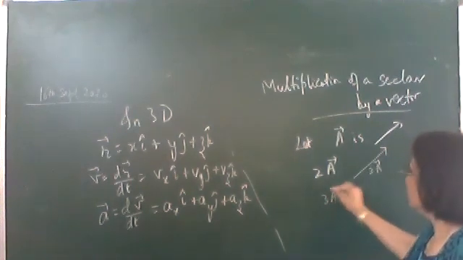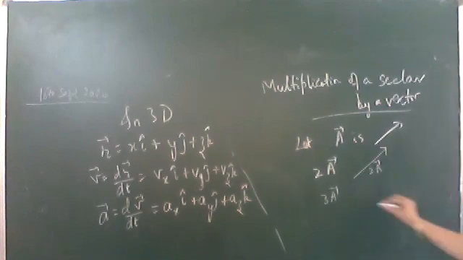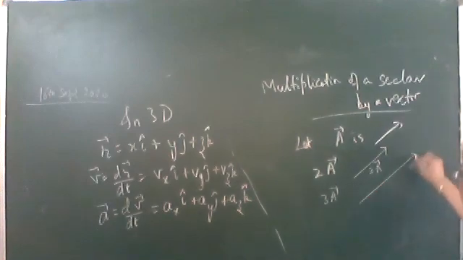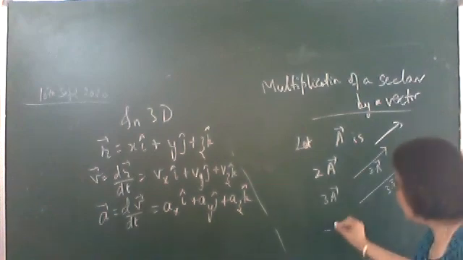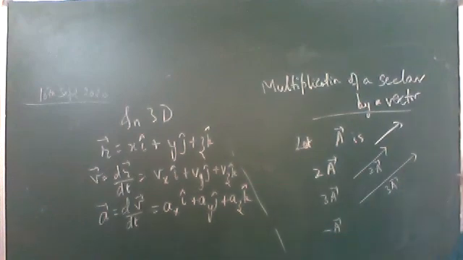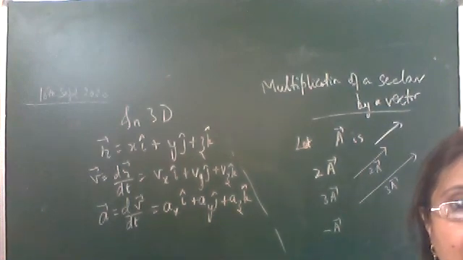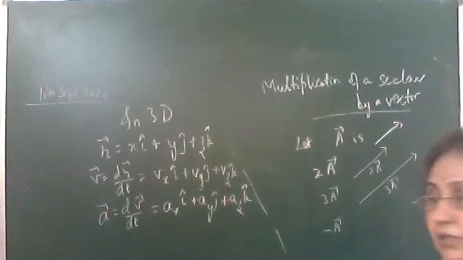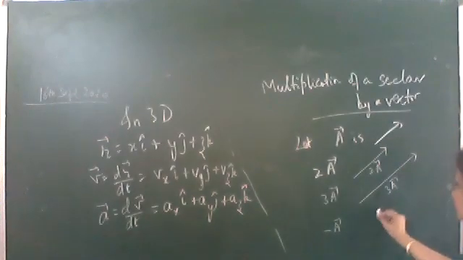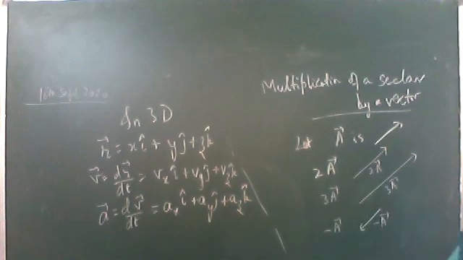Multiplied by 3. So what happens? The magnitude gets tripled and the direction remains the same. Multiplied by -1. Multiply A vector by -1. So here magnitude remains the same, but the direction becomes opposite. This is -A vector.